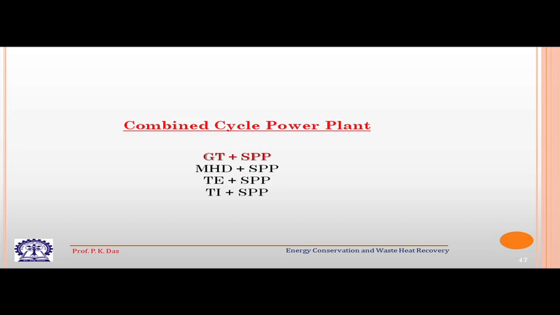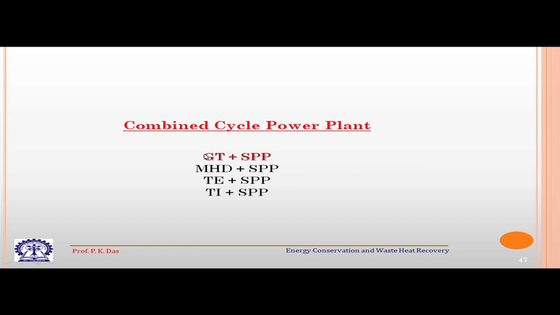But there are certain possibilities of combined cycle power plants, and there are certain commercial exploitations of combined cycle power plants, very successful commercial exploitation. Those I am going to discuss in the combined cycle power plant. So, if we see here, I have written GT plus SPP, that means gas turbine power plant and steam power plant.